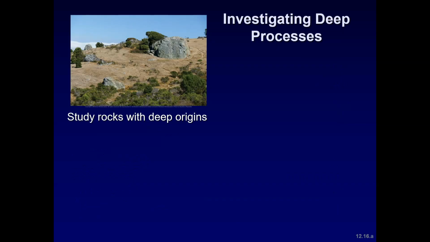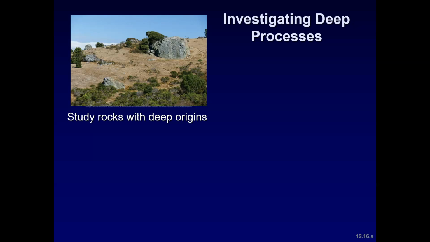Okay. So how do geologists investigate deep processes like deep earthquakes? We must look at rocks with deep origins. So we would document the minerals and structures in rocks that formed under high pressure and temperature conditions to understand what processes and conditions occur deep within the earth.